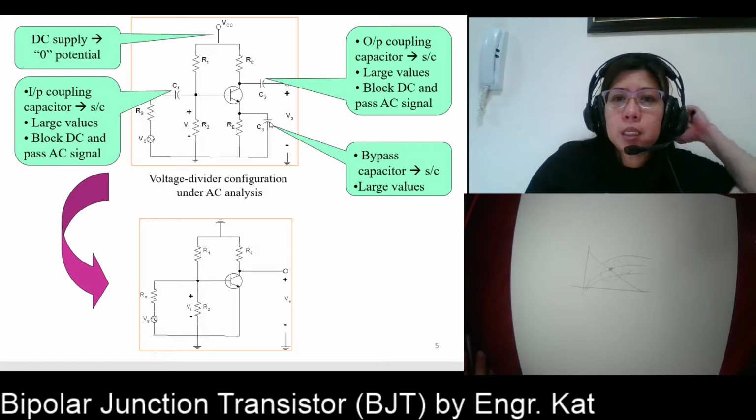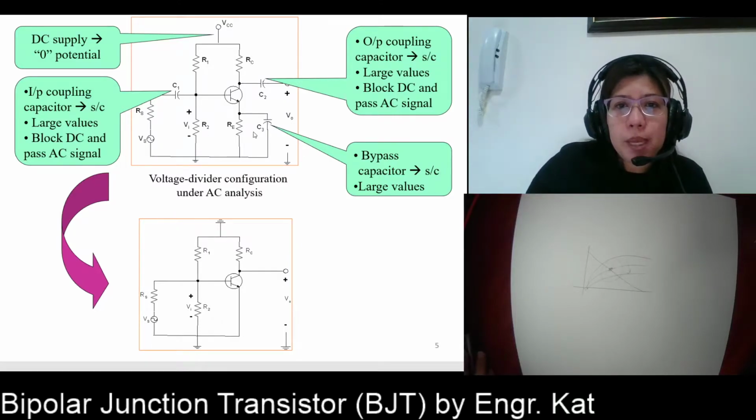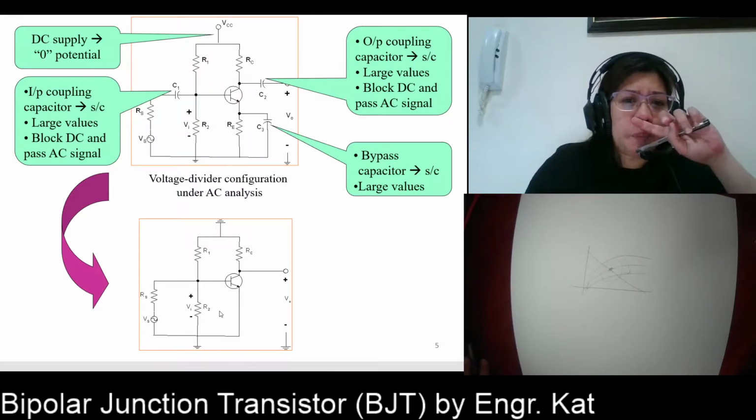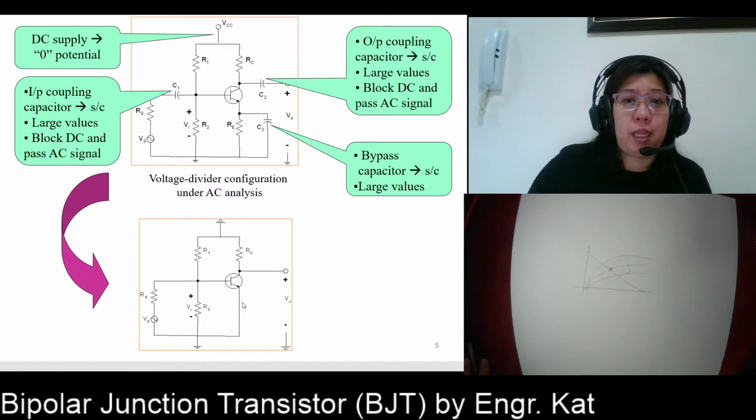So when this is made short circuit, what happens is it bypasses the effect of your RE. What do we mean by that? Any resistor placed in parallel with a short circuit makes the value of your resistor equal to 0. So therefore, in the redrawn circuit here, RE is no longer present. Okay?